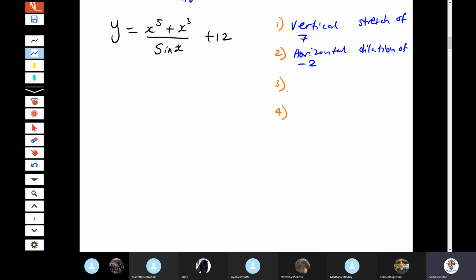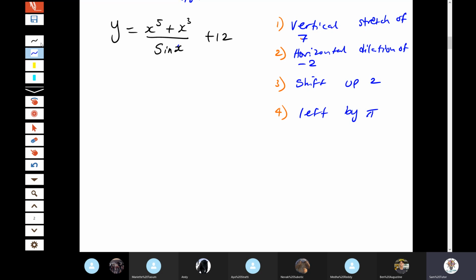And then we're going to shift up 4 and left by 3, by pi, whatever. That's it. That's a stupid question, but at least you get to see it done.